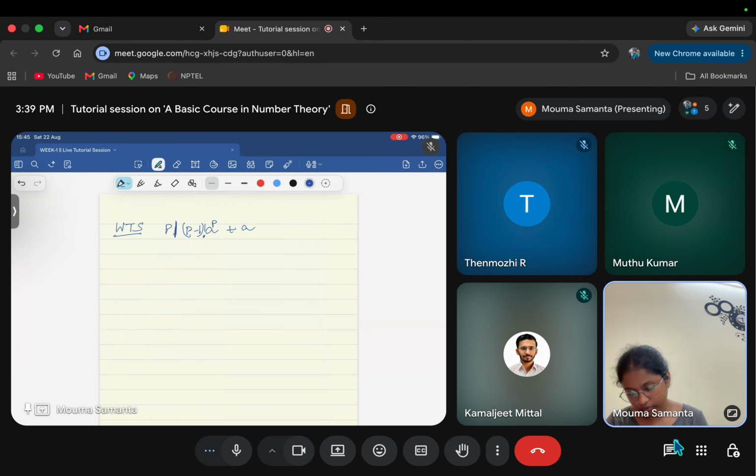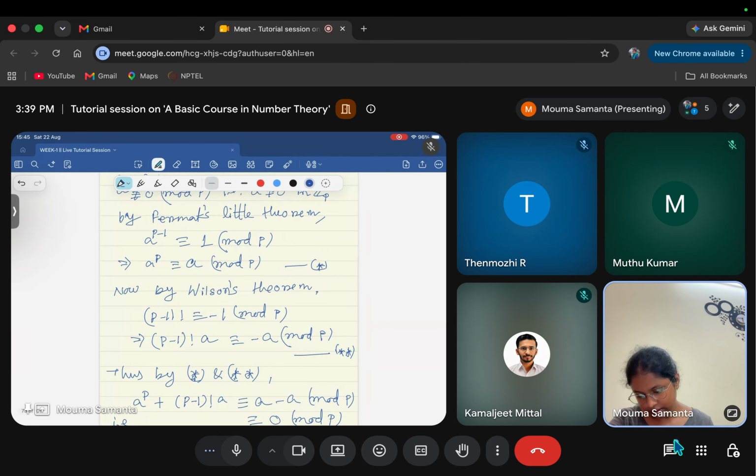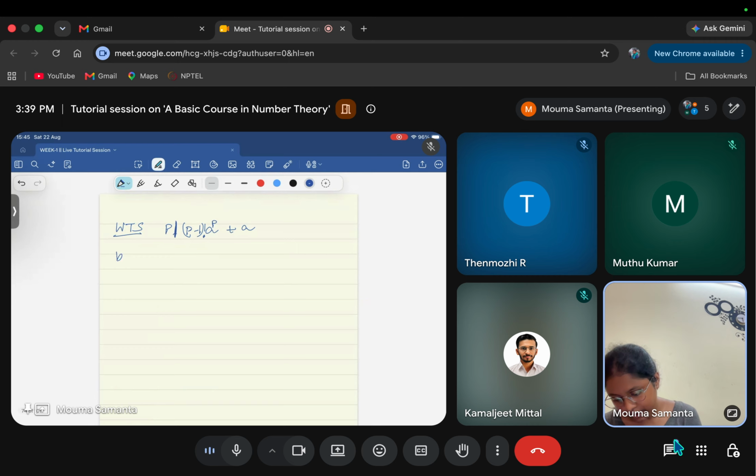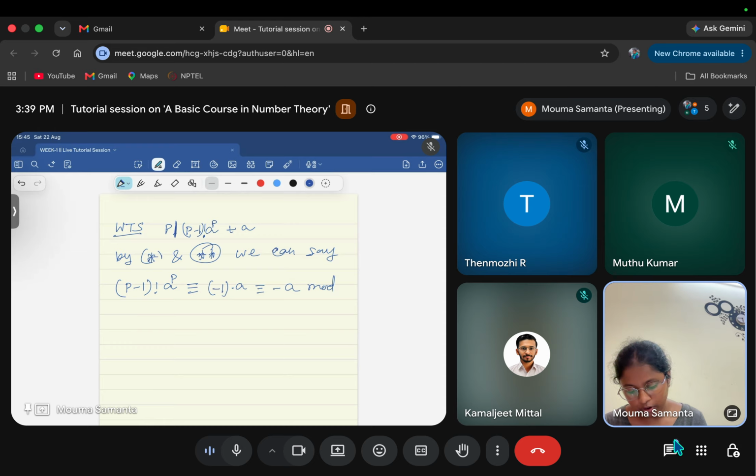Now by star and double star, we can say p minus 1 factorial times a power p: p minus 1 factorial is congruent to minus 1 and a power p is congruent to a, so this is congruent to minus a mod p.